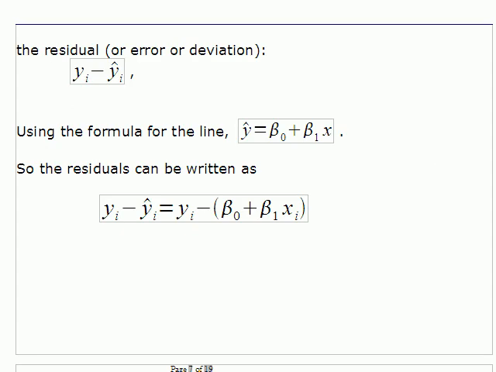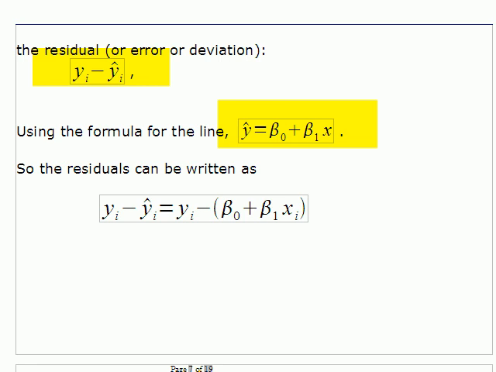Okay, so with an understanding of that, we're going to try to move towards finding values for beta 0 and beta 1 from these two requirements. So again, here's the residual. Here's the formula for the line. Remember, y hat was a line, and it's written as beta naught plus beta 1 x.